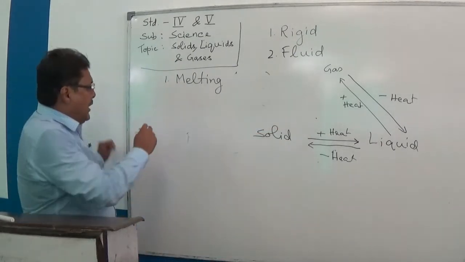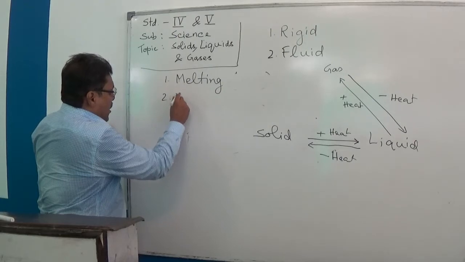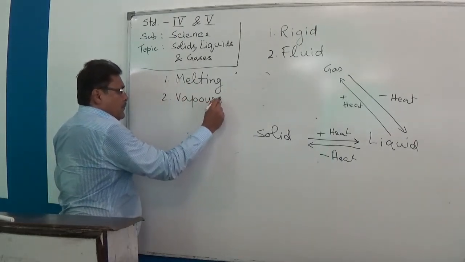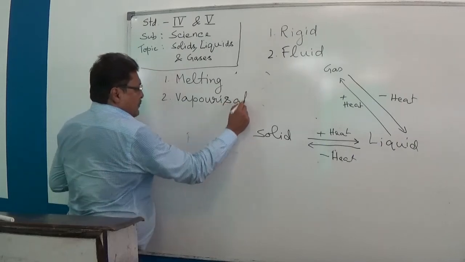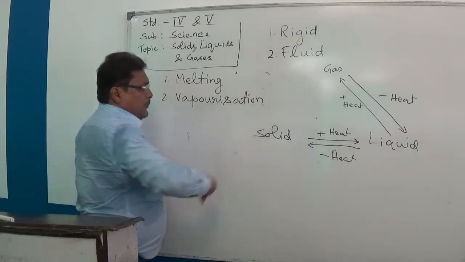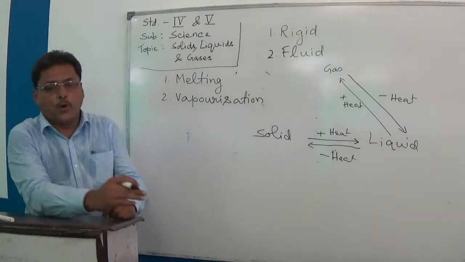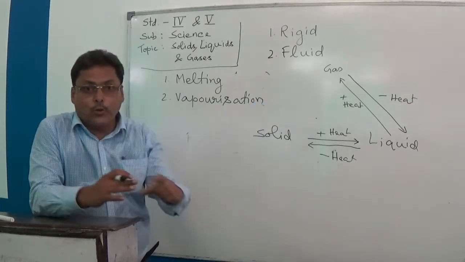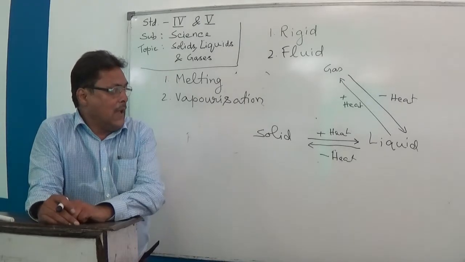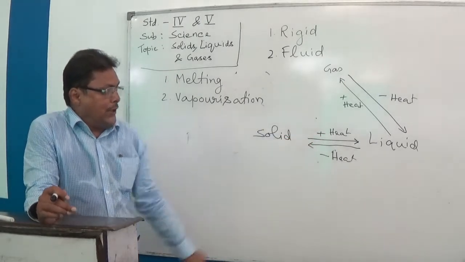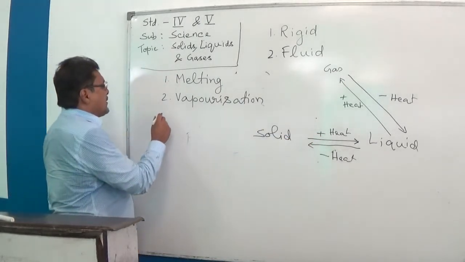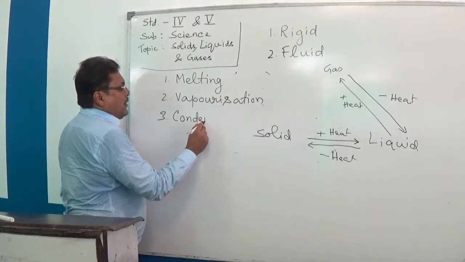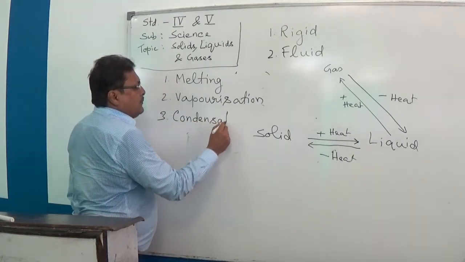That process we name vaporization. Now the opposite processes. We take away heat from the gas, we cool down the gas, and it becomes liquid. That process is called condensation.